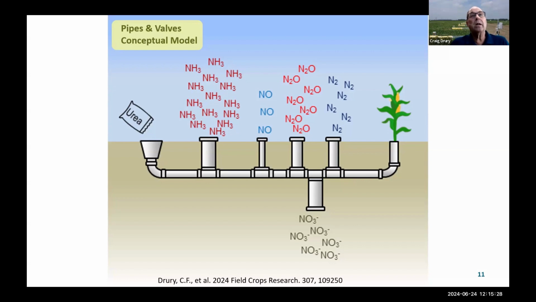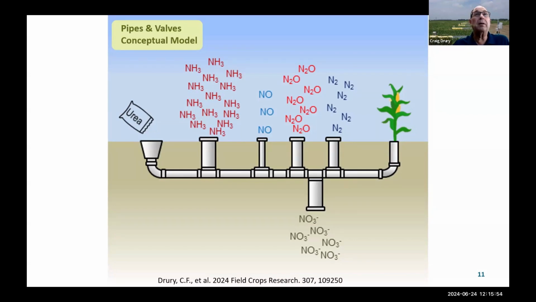That one allows for the losses of nitric oxide, NO, and N2O, which is the greenhouse gas we want to reduce. The third pipe on there is N2, which is part of the air that we breathe. It may not be an environmental contaminant, but clearly it's a loss of expensive fertilizer.